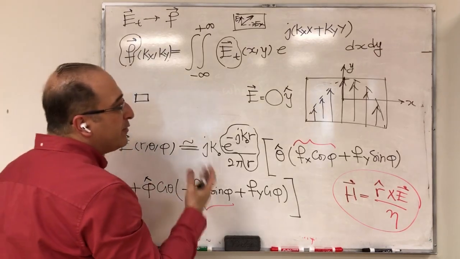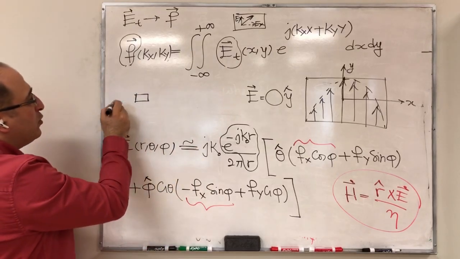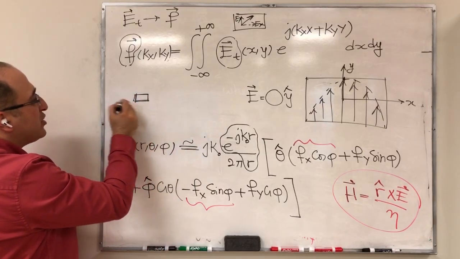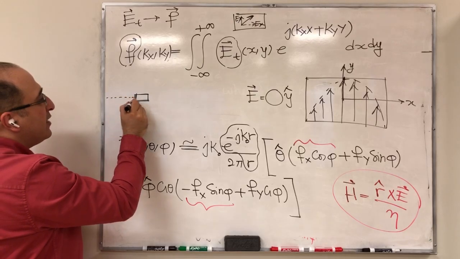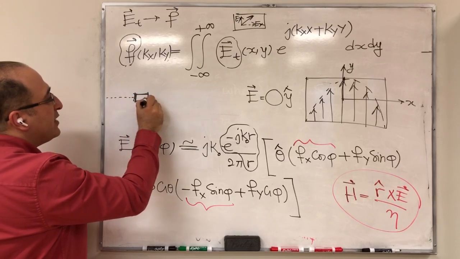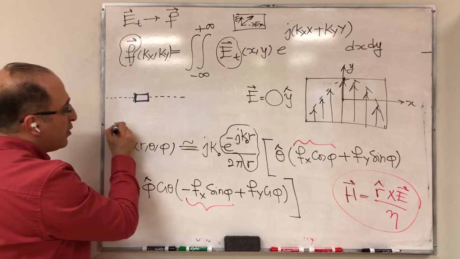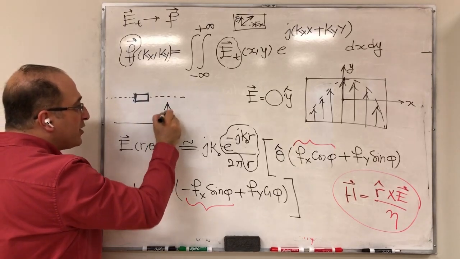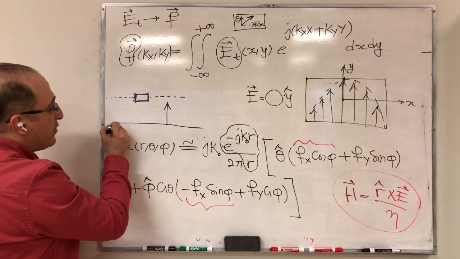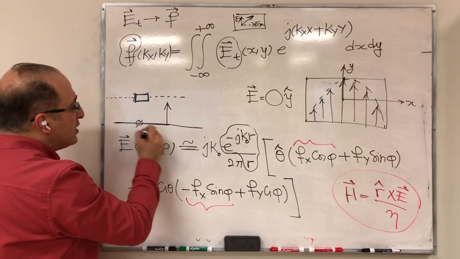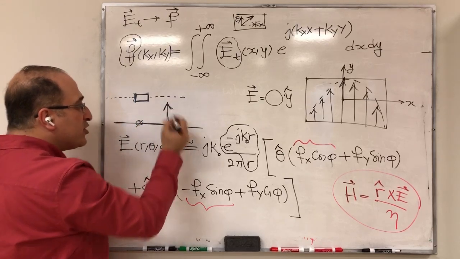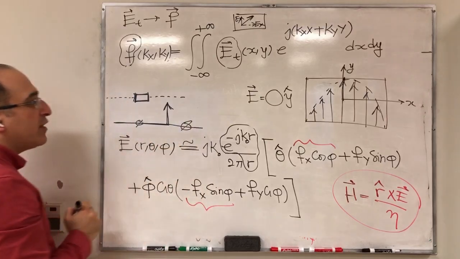If you have a tiny aperture, it's like having nothing and then some electric field and then nothing. So from a mathematical point of view, this is almost like a Dirac delta function, that you have nothing, zeros, and then a tiny aperture, and then again nothing, zero.